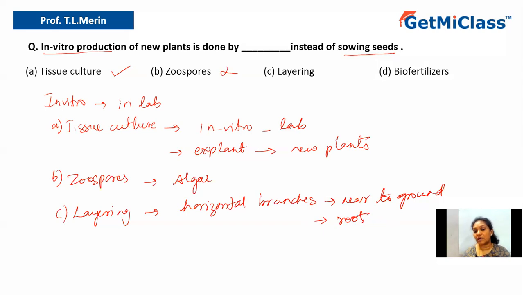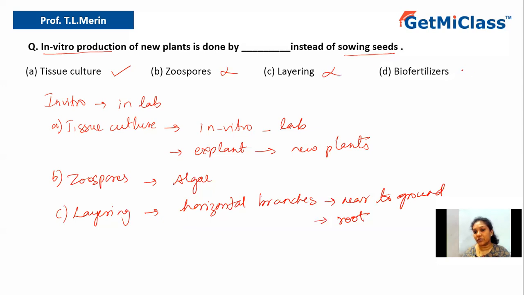After a few days, the part of the branch buried in the soil is detached to give rise to new plants. That is layering, but this happens naturally, not in the lab. Some people do it themselves, but basically it also happens in nature. In vitro means completely in the lab, but layering happens in natural conditions also. Hence option C is ruled out.